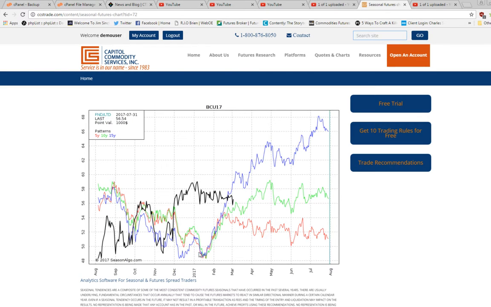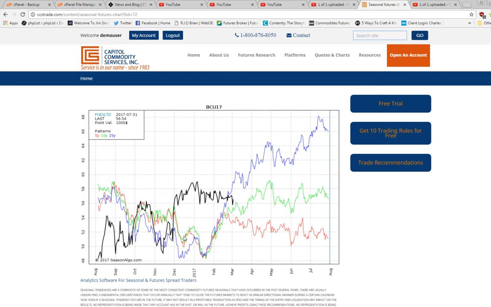Based on these seasonals, it has a tendency to make the low in this early 2017 time frame and rally up to at least May. Now, as you can see, that really hasn't been occurring.